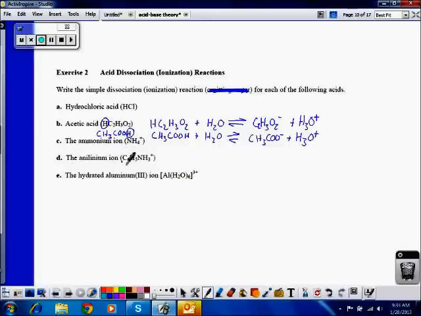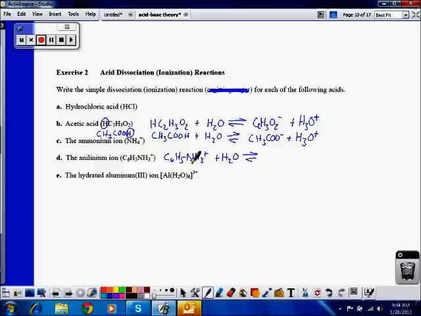Aniline, this is the one that I drew for you that is the organic base. So I have C6H5NH3 plus in water. Okay, since NH3 plus, remember, for a base, the H goes on the nitrogen.